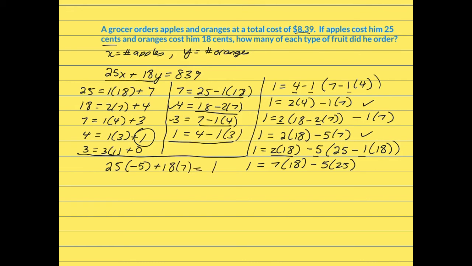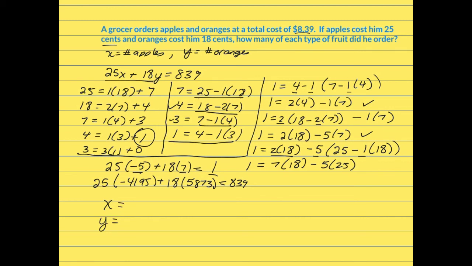Now we want it to equal 839. So we're going to multiply negative 5, 7, and 1 all by 839. And the equation becomes 25 times negative 4195 plus 18 times 5,873 equals 839. So our general solutions are x and y.